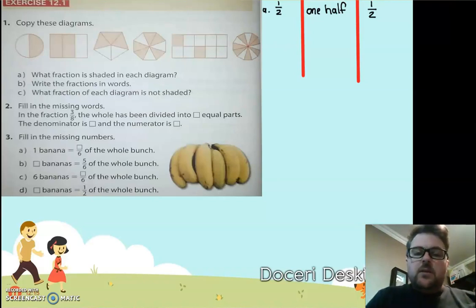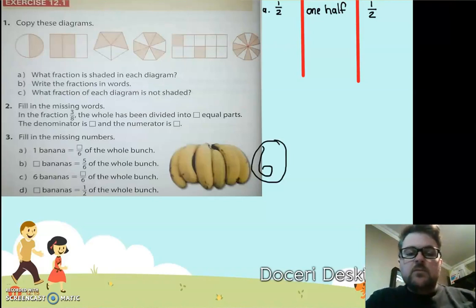Question 3 refers to this picture on the side here of the bunch of bananas. There are 1, 2, 3, 4, 5, 6 bananas there in total. Okay? So the denominator will always be 6. I want you to see if you can fill in the missing numbers in those fractions.